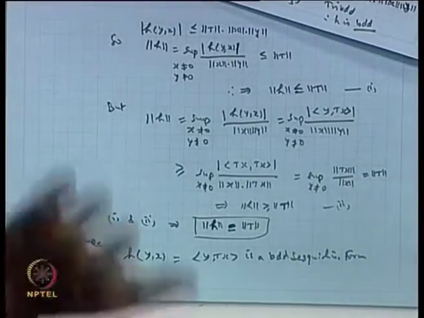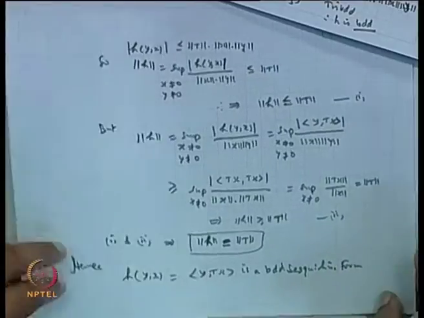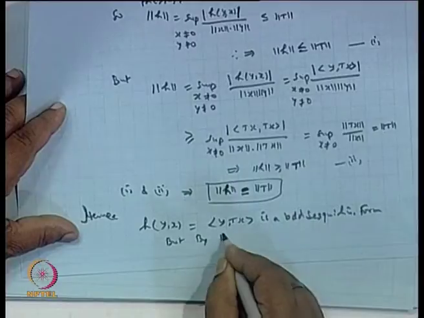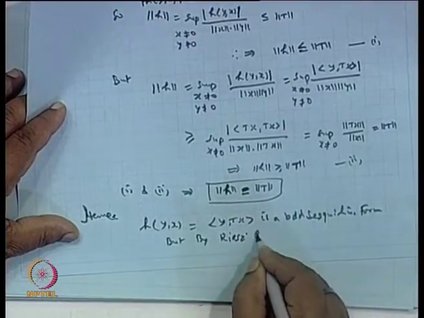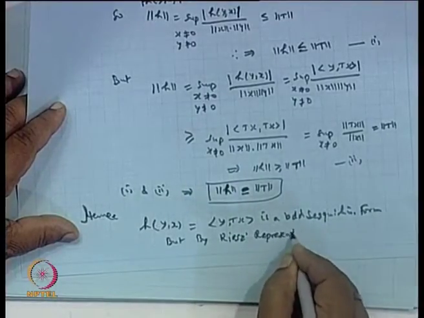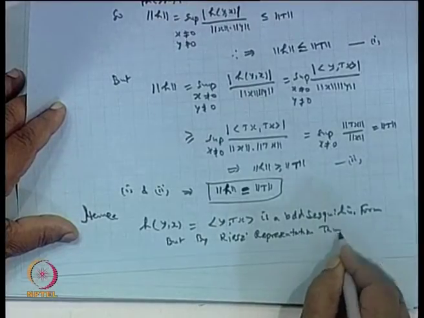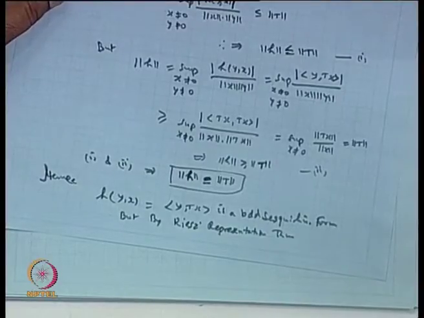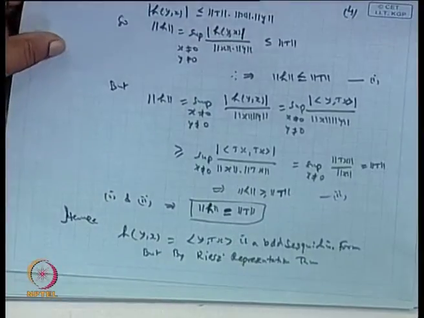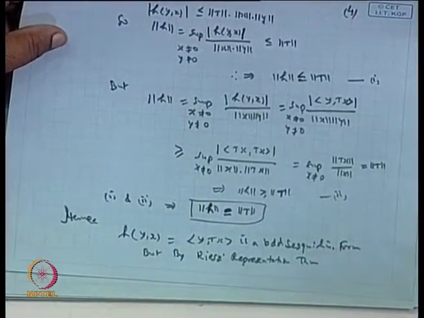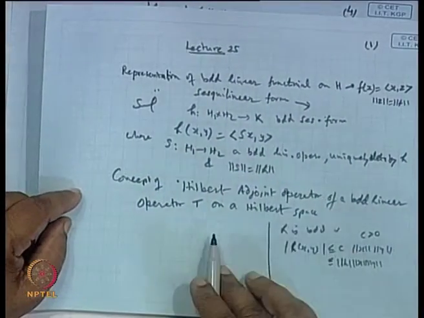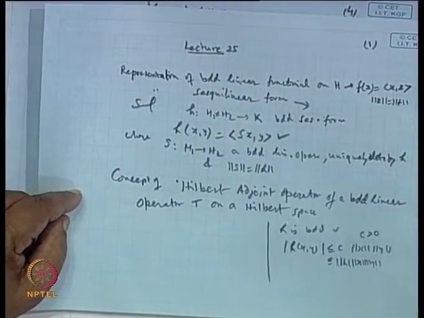But by the Riesz representation theorem, if you remember, what is this bounded sesquilinear form? This is of the form h of x, y. Yes, this was the bounded sesquilinear form in this way.